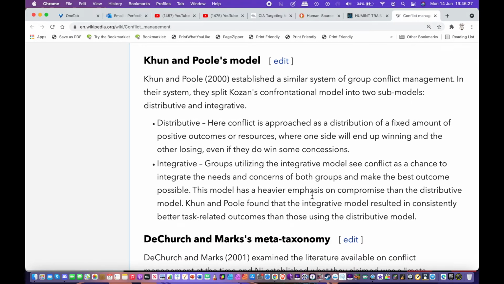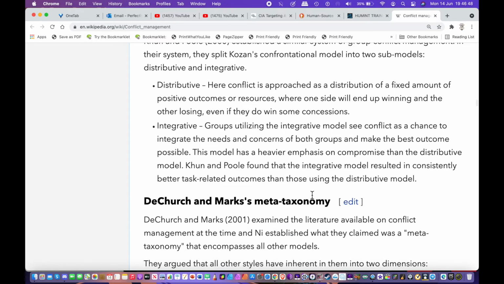Distributive. Here conflict is approached as a distribution of a fixed amount of positive outcomes or resources, which one side will end up winning and the other losing, even if they do win some concessions.